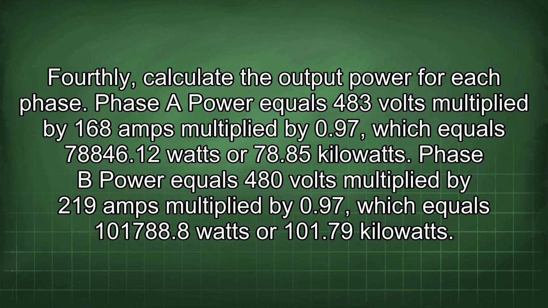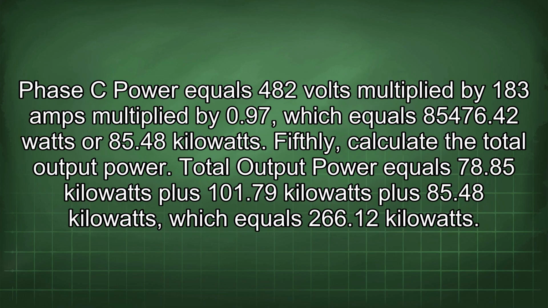Phase B power equals 480 volts multiplied by 219 amps multiplied by 0.97, which equals 101,788.8 watts or 101.79 kilowatts. Phase C power equals 482 volts multiplied by 183 amps multiplied by 0.97, which equals 85,476.42 watts or 85.48 kilowatts.